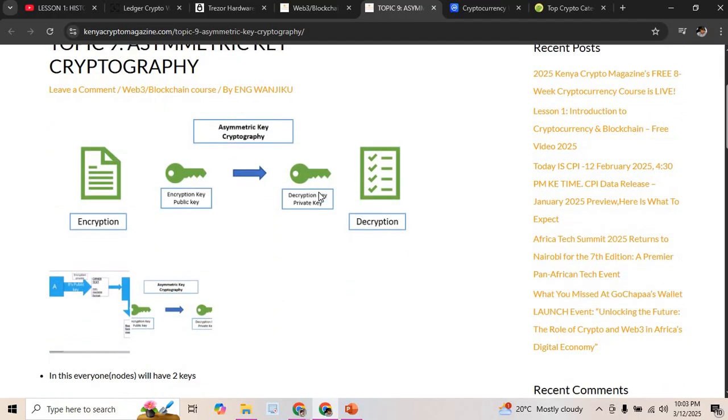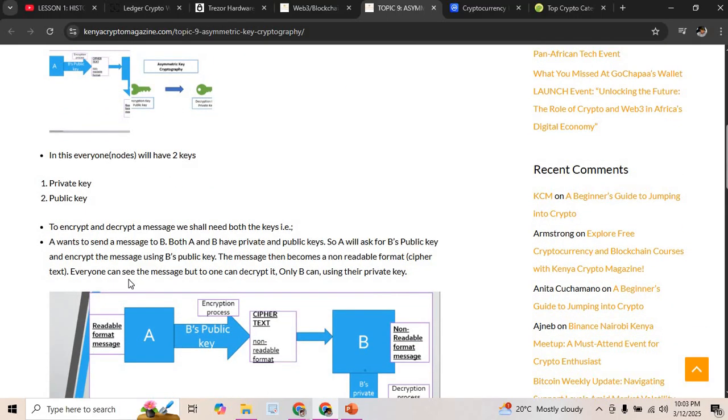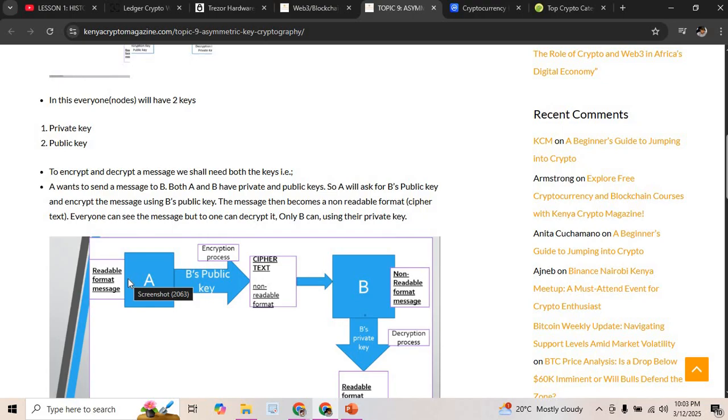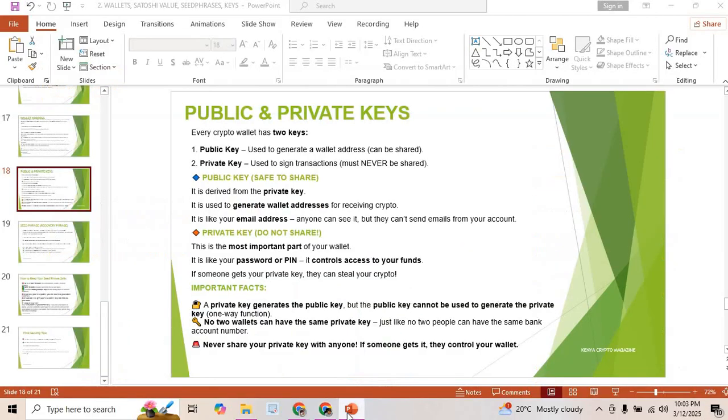If you come to this part, asymmetric key cryptography, then you'll get to understand what we mean by private key and public keys, how they work, and how they are used to encrypt and decrypt a message in the blockchain and all that. So if you want to dive into that, you can look up that part. I won't dive deep into public and private keys.